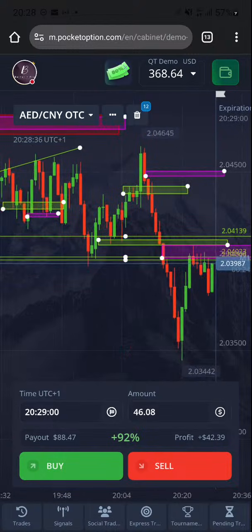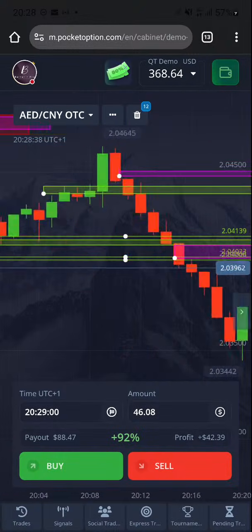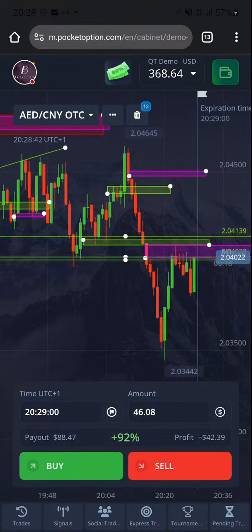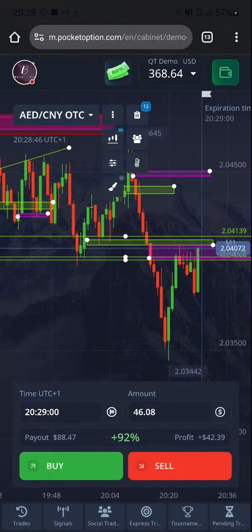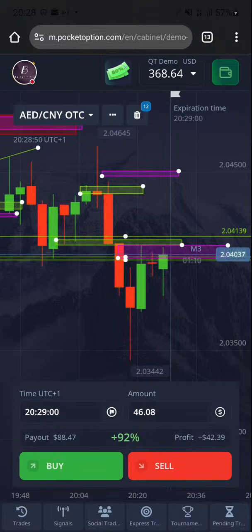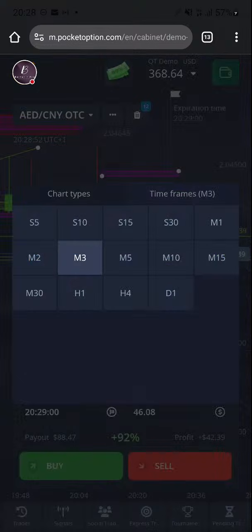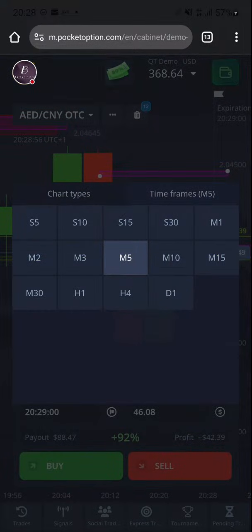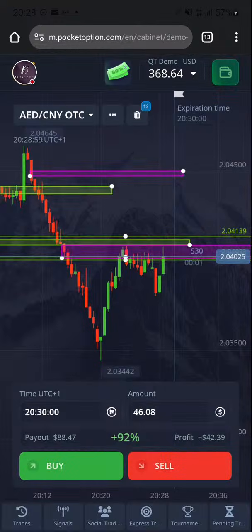So let's look. We have a QM here also. Let me quickly show you. We have a QM setup up here. Look at this, it's ABC to the upside, push to the downside. The first thing we did, we went to a higher time frame. We didn't see it in M3, so we'll go to M5. You can see we have the engulf in M5. Then we'll go to a lower time frame to find the entries.